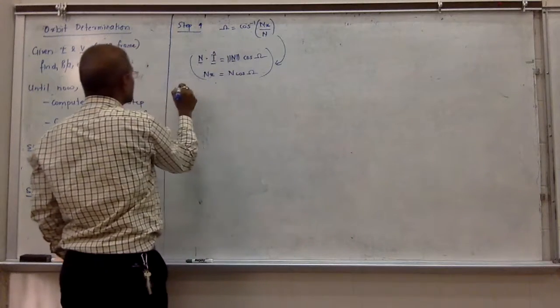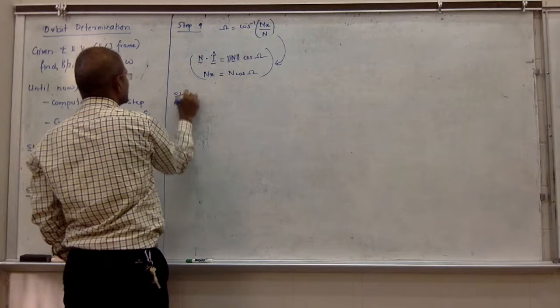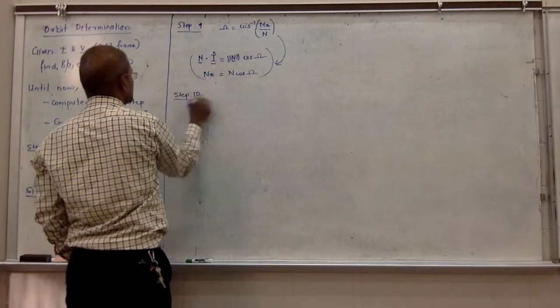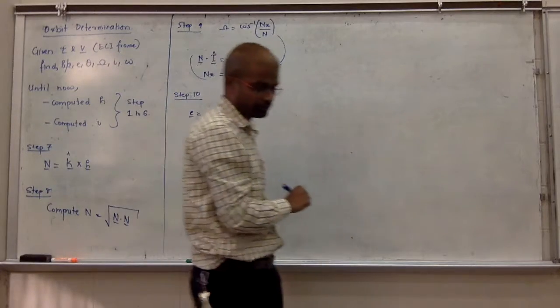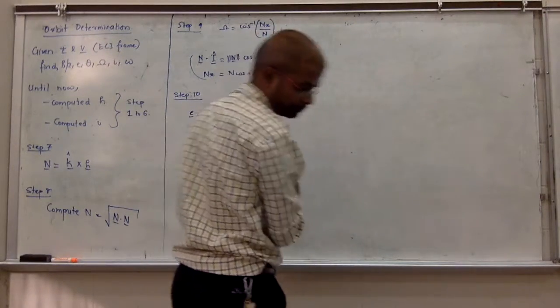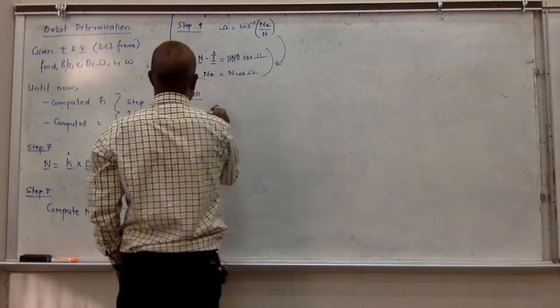Now we have calculated capital Omega. Step 10. We introduced this e term, 1 over mu.